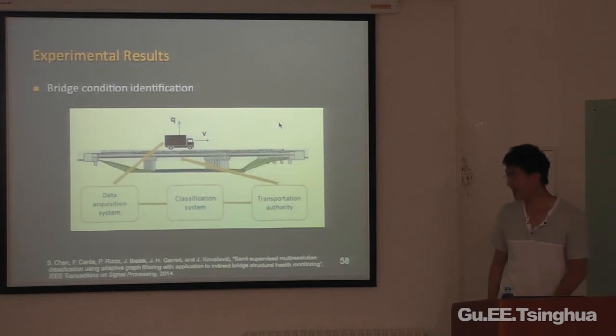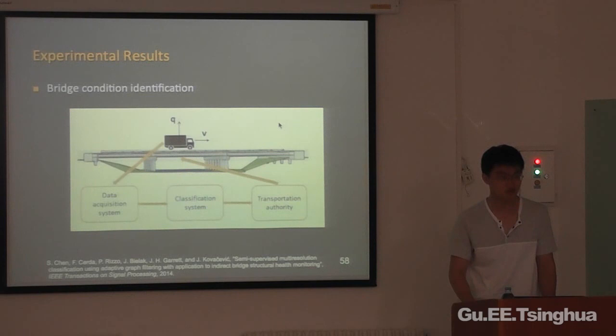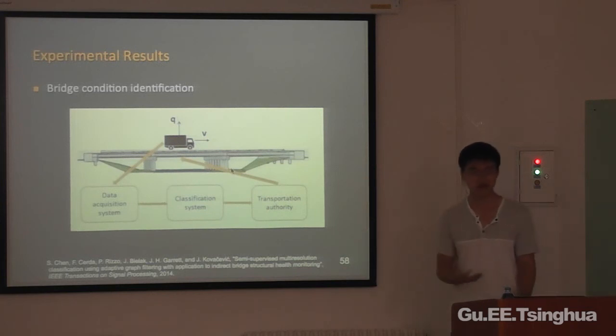So another task is called bridge condition identification. This is a very interesting project. The idea is we put on sensors, because we want to measure the bridge condition. We build a bridge and we want to know if the bridge will hold or not. It may fail.